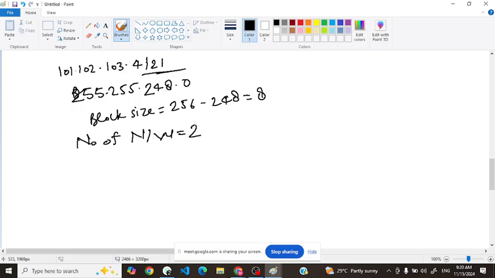Yes, sir, 2 to the power 13 is correct. And number of valid hosts will be 2 to the power 11 minus 2 per network.